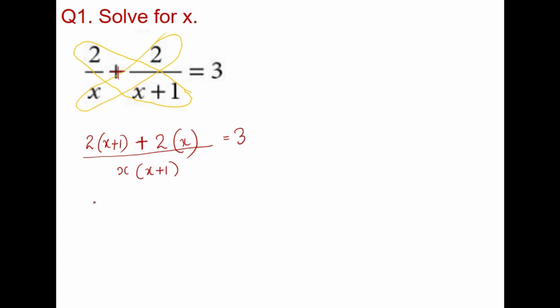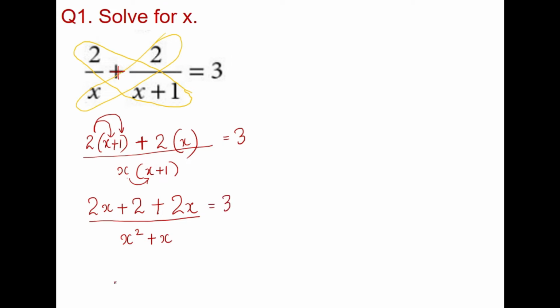Expanding the brackets here in the numerator, so 2 times x, 2x, plus 2 multiplied by 1 giving me a 2, plus 2 multiplied by x is 2x, divided by, again, x multiplied by x gives me x squared, and x multiplied by 1, so it's a plus x here, equal to 3.